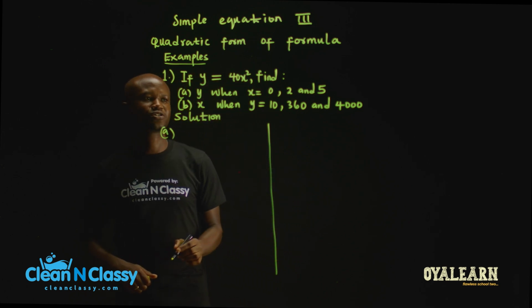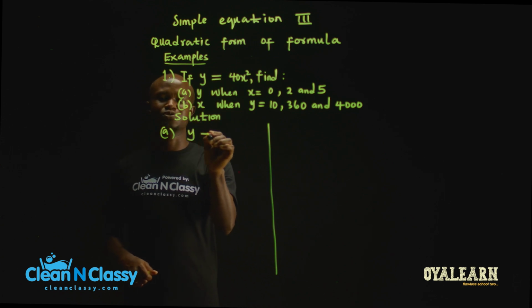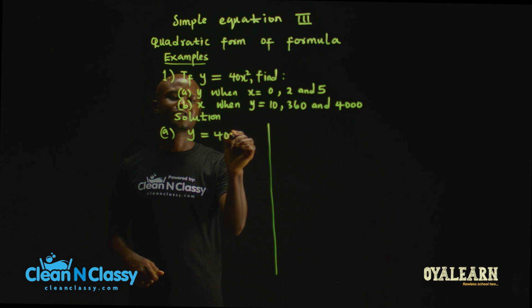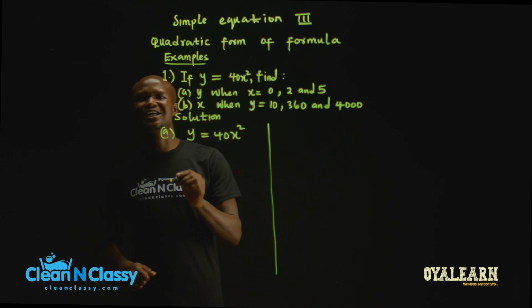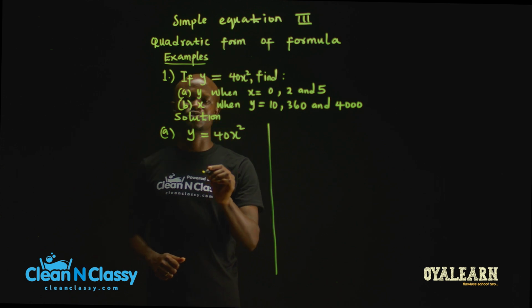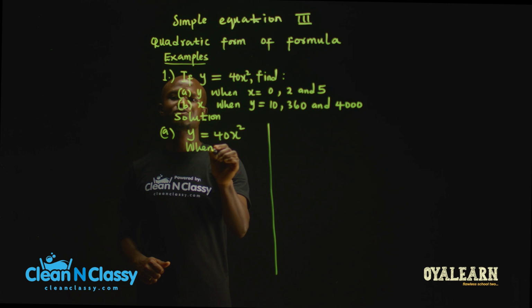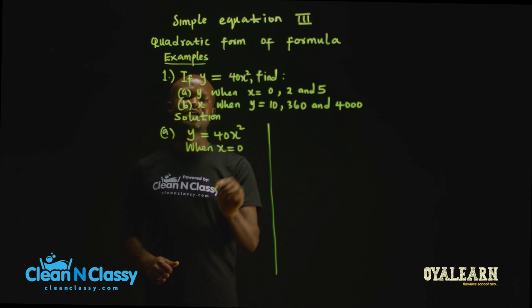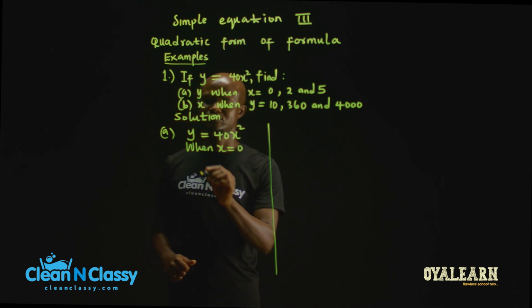The solution to the A part: we have y equals 40x squared. Now, we want to find the value of y when x equals 0. When x equals 0, anywhere we see x, we substitute 0.